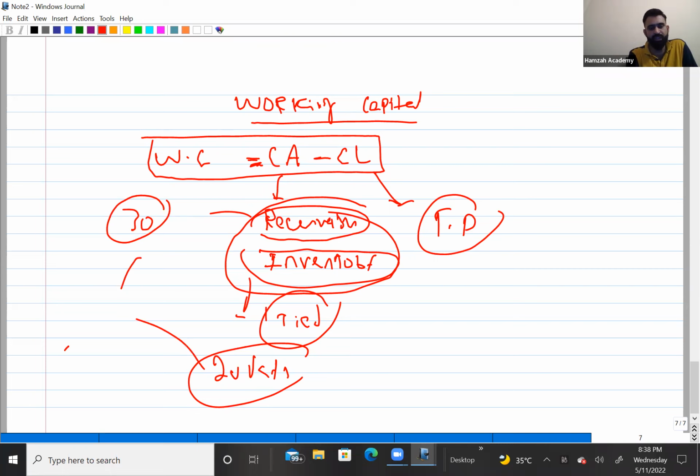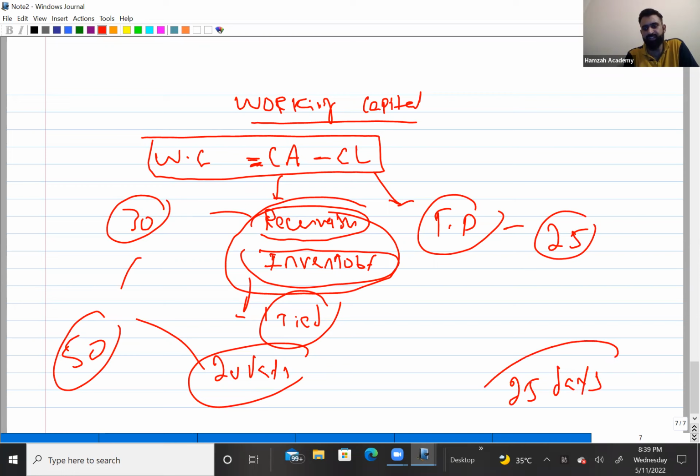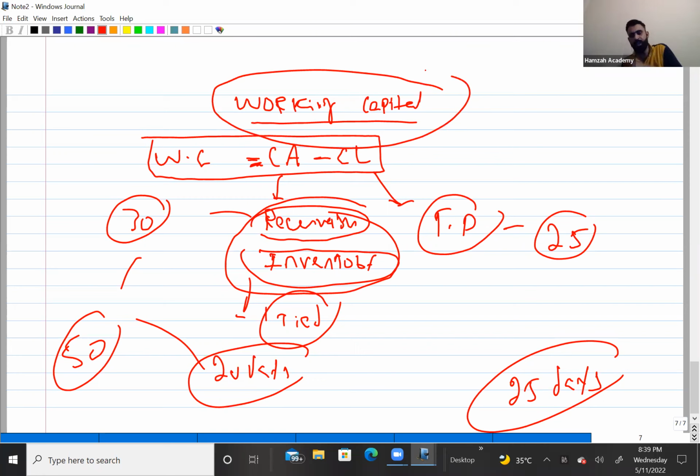So the total days of investment in working capital is 50 days. Out of 50 days, we have support from trade payables for 25 days. So on a net basis, 50 minus 25, we have to arrange the finance for 25 days. So we can survive in the short term. That investment which we have to make to operate the cash operating cycle of the business is known as working capital.